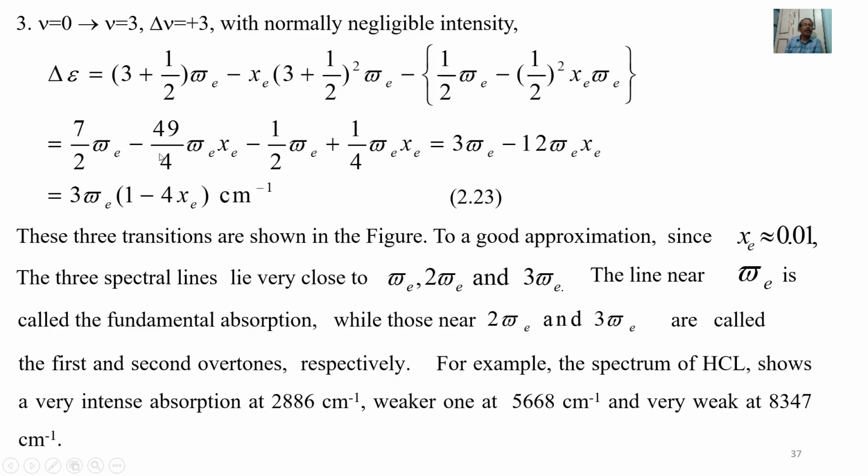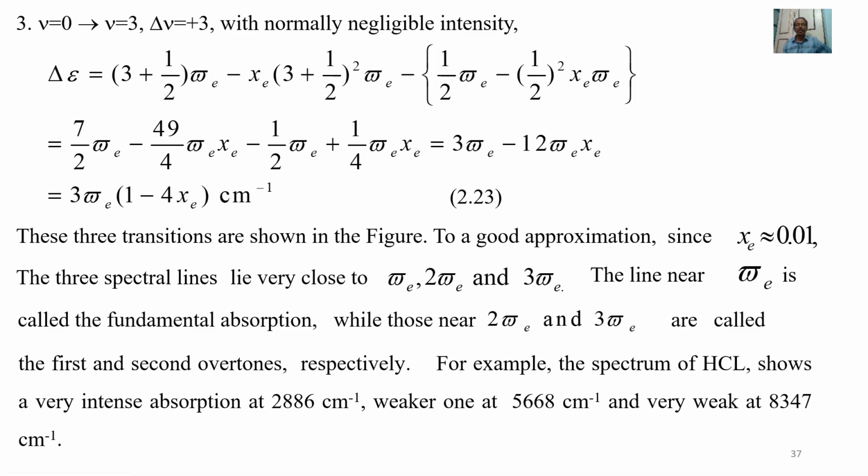And what is the second term and last term? Second term and last term will give us 49 by 4, here it is plus 1 by 4, so the answer will be 48 by 4, which is nothing but 12. So minus 12. So pull 3 omega_e out. That will give us 3 omega_e (1 minus 4 x_e) centimeter power minus 1. These three transitions are shown in the figure, which we are going to see now in the next slide.